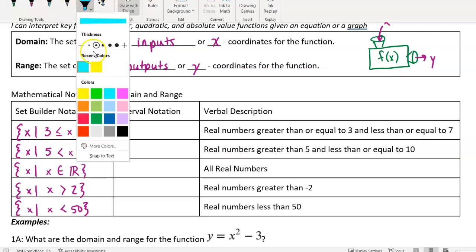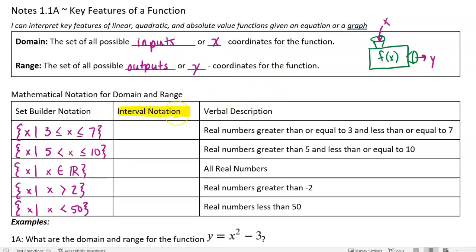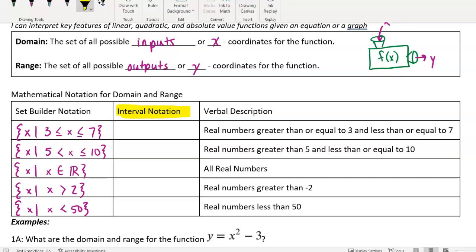In reality, what gets used more frequently is this idea of interval notation. So interval notation is what I really want to make sure you understand. Now, sometimes our textbook and our assignment might have something written in set builder notation, but it's most important to understand interval notation.